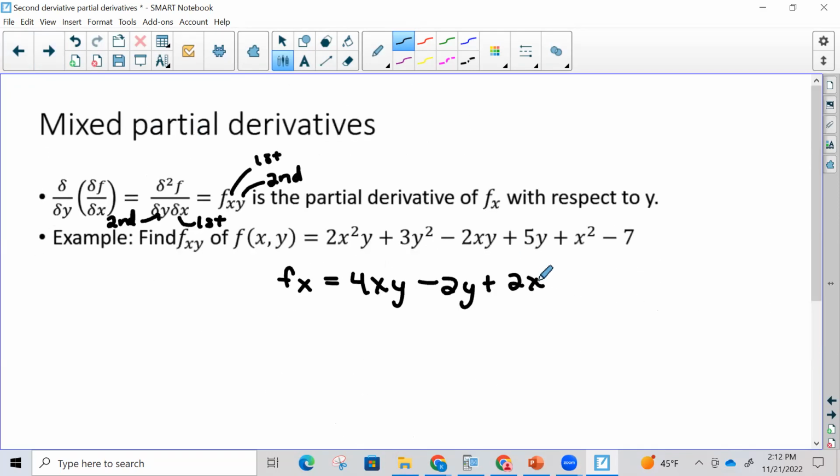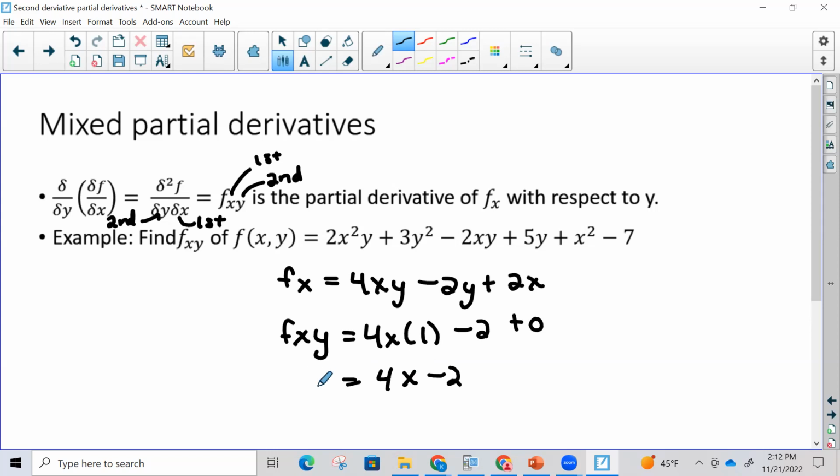But now we take this with respect to y. We have x and then y, so that's what we're doing second. Now we treat y as our variable and x as our constant. So the derivative would be 4x times 1, minus 2, and then 0. That gives us 4x minus 2, and that's my f_xy.